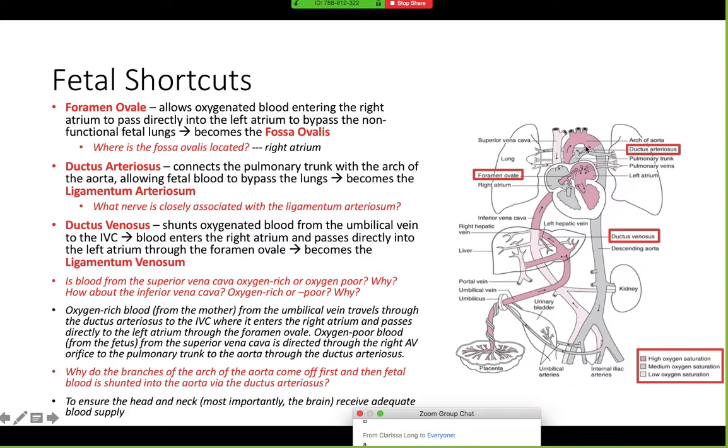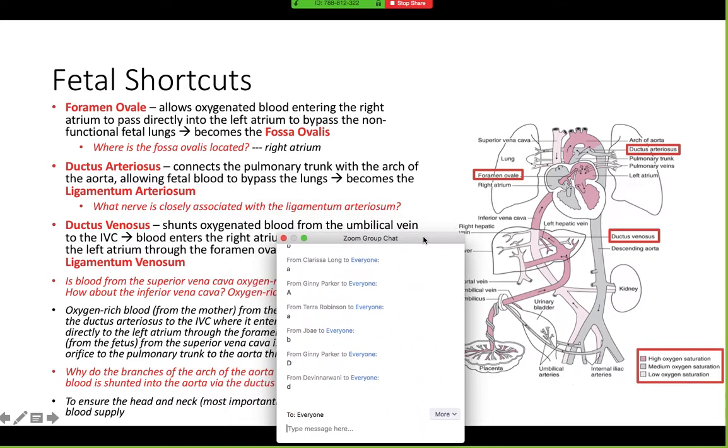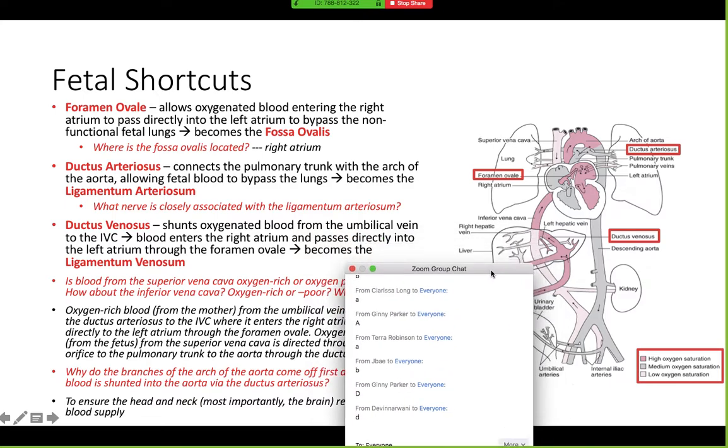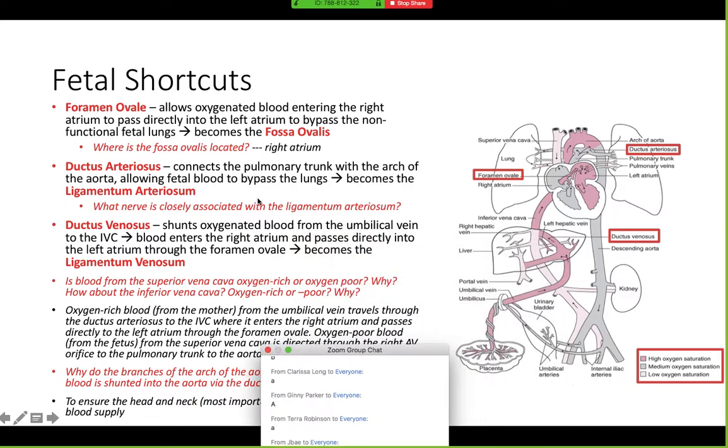Okay, so this is one of the bypasses. And that's really the gist of what you need to know. Other than that, you need to know that the foramen ovale becomes the fossa ovalis in the adult. And then the ductus arteriosus becomes the ligamentum arteriosum.